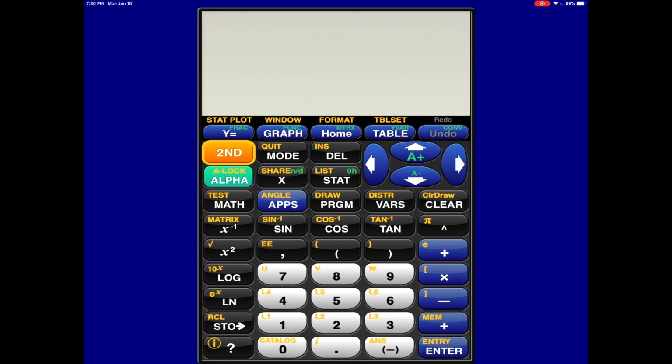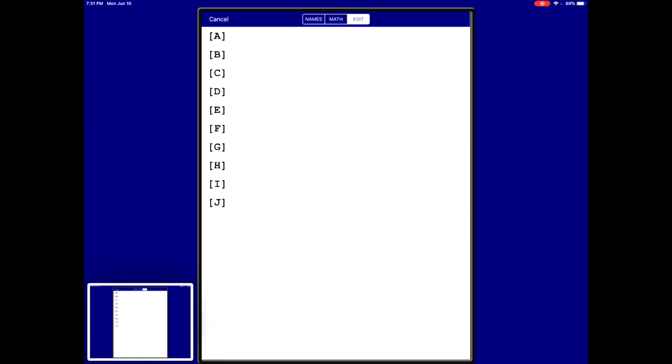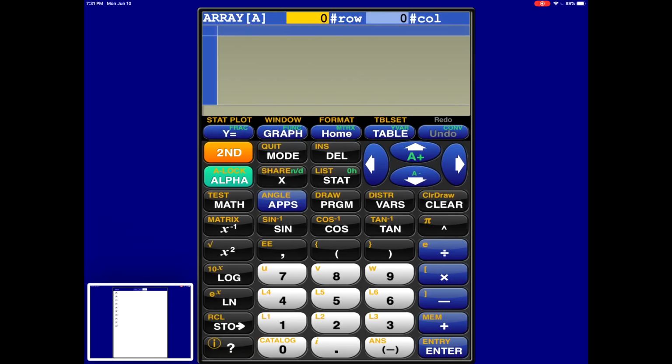So it's in the second menu under that X inverse key. And so when we do that, you want to go to edit, because we have to enter the matrix in. And then I'm just going to pick matrix A to edit.